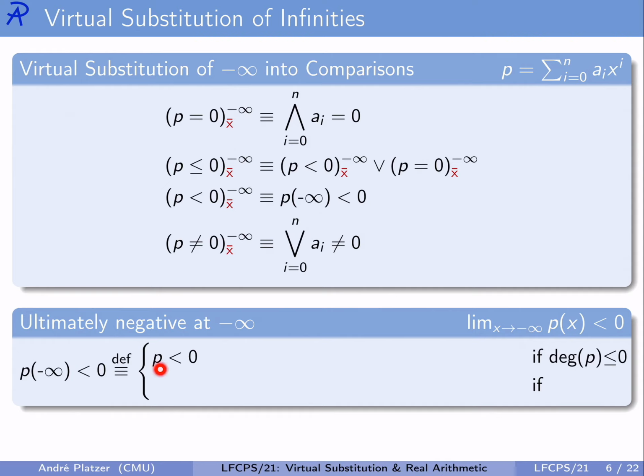If the constant is less than 0, then, well, of course, even if you plug in minus infinity, it will be negative because the constant itself is negative. So that was easy. So by induction, we can now handle bigger degrees by assuming we already have recursively handled smaller degrees. We essentially need to peel one degree off of the polynomial. Well, how do we do that?